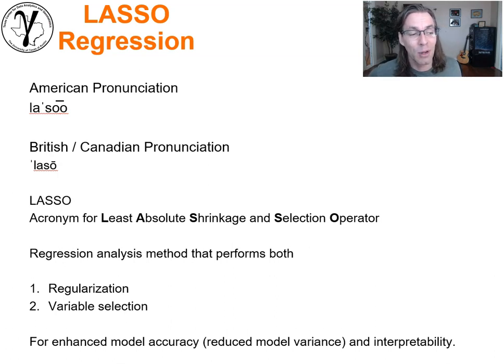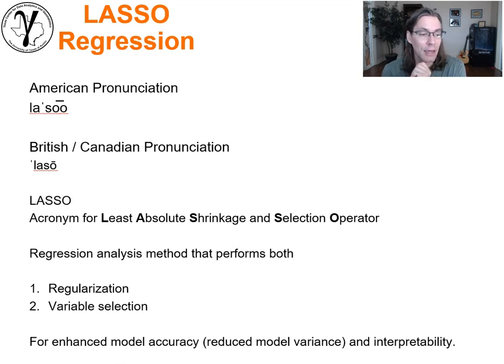The American pronunciation is LASSO. The British pronunciation is LASSO. So you decide how to pronounce it. I'm going to call it LASSO from now on because of my Canadian heritage. Anyway, my mom was British too, so I guess that makes me British.